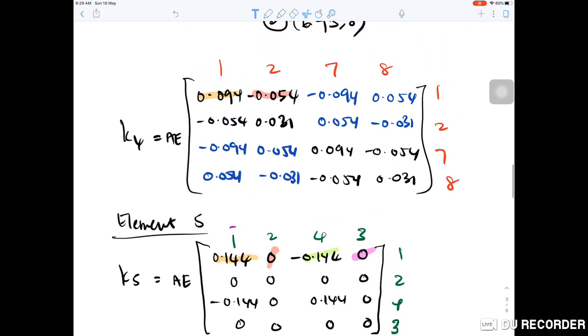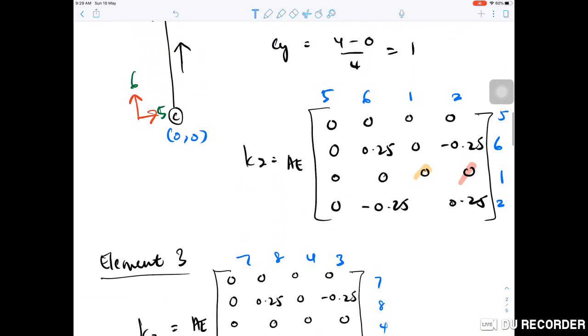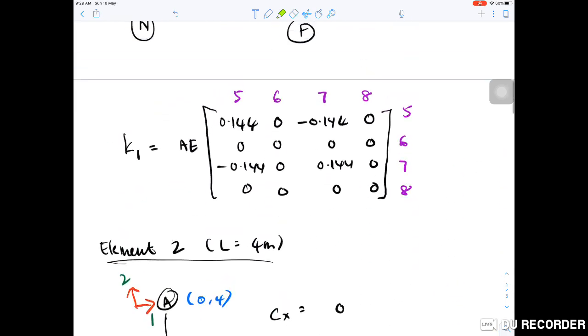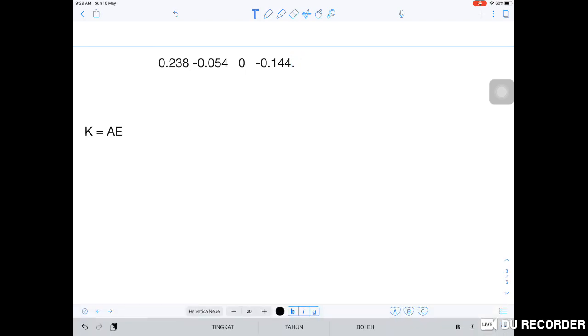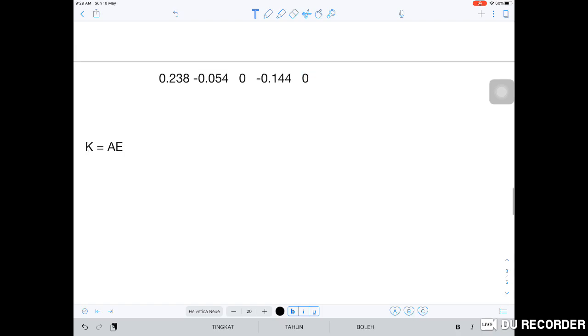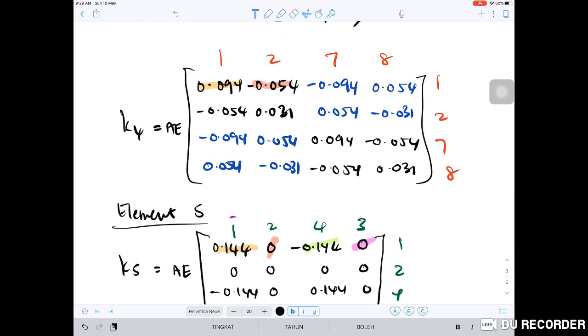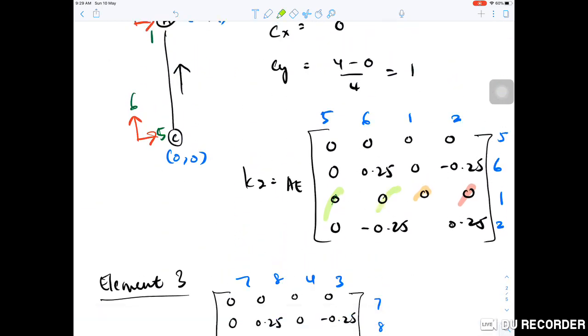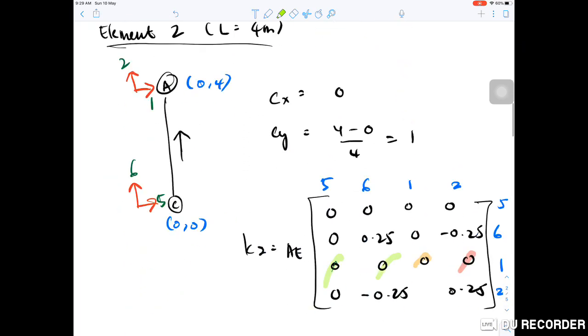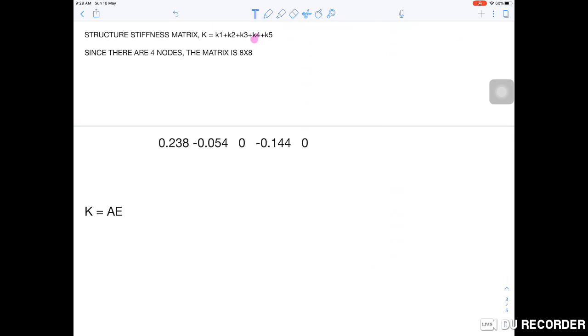No 1 5, so it is 0. 1 6, no 1 6, so 1 6 is also 0.